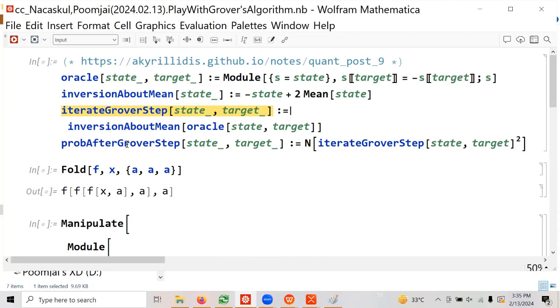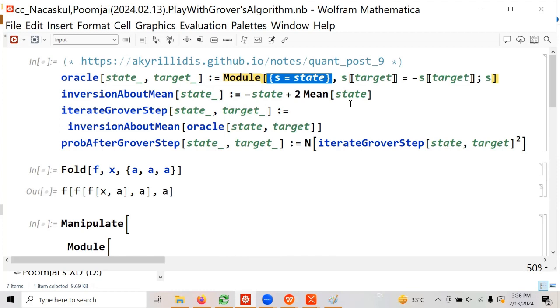Okay? That's called an oracle function. So the state is a vector of values, each of which squared adds up to 1. If the target, that's you, what I'm going to do is create a copy of the state internally called S. Right now, S is a vector of 1 over square root 20 entries.